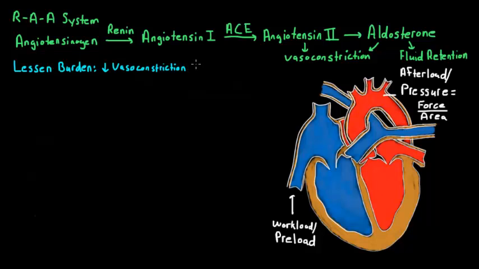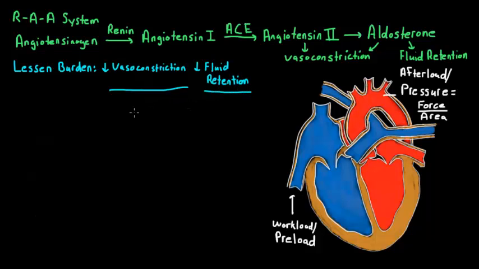And two, we're going to decrease fluid retention. That's the best way to talk about this, because decreasing fluid retention is going to have an effect not only on the force in the vessels of the circulatory system, but on the workload that we send back to the heart. Okay, so let's just draw ourselves a little line here.